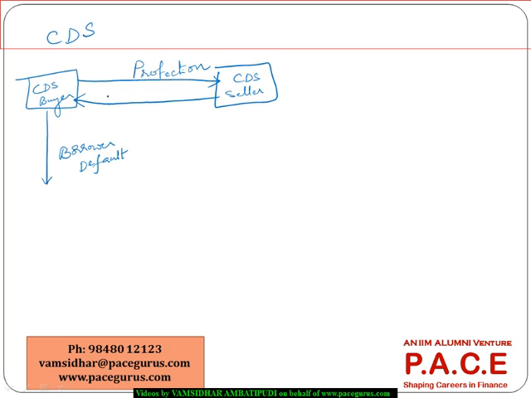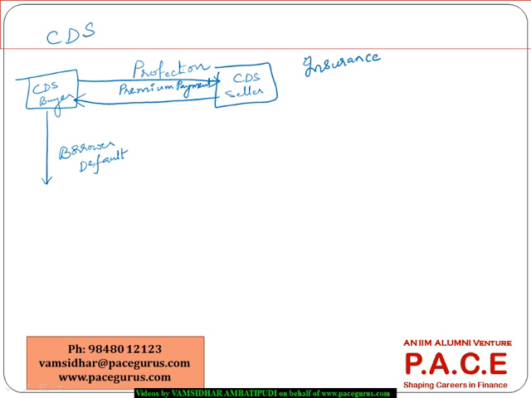So he is making a fixed premium payment to the CDS seller to get that protection. So it's just like an insurance contract. I'm doing a regular premium payment, and in case a loss occurs at any point in time in future, there would be a compensation for that. So the same logic applies.